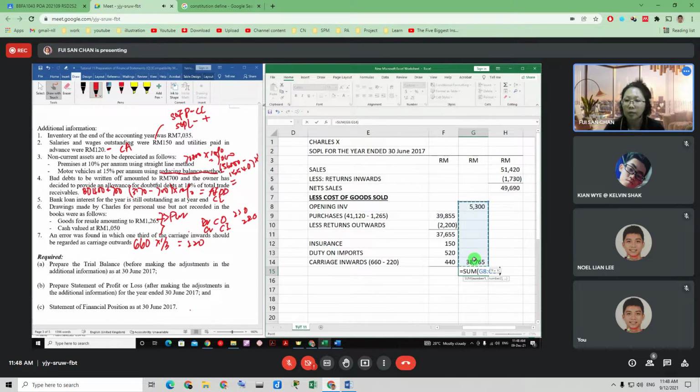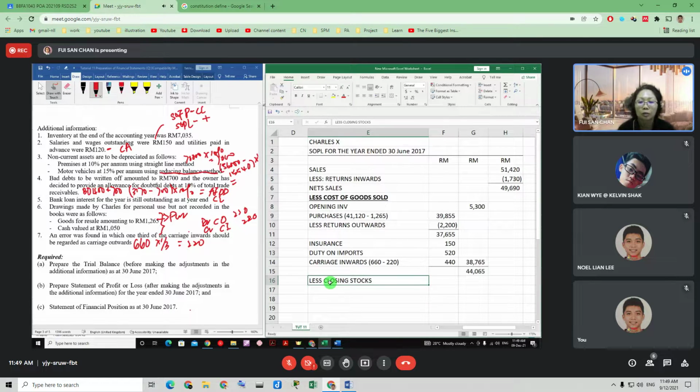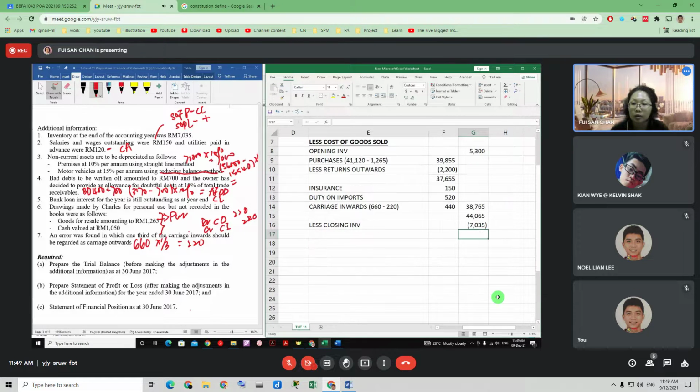Then we have to less closing stock. Now we don't say stock, we put inventory. Our closing stock, which is here, not number one. So it's minus. So this is our cost of goods sold.